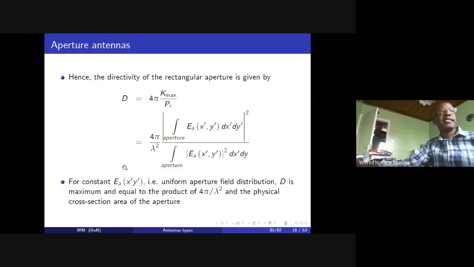So for constant amplitude in the aperture, that is a uniform aperture field distribution, the directive gain and the directivity will be maximum, and it will be equal to the product of 4 pi by lambda squared and the physical cross-section area of that aperture.